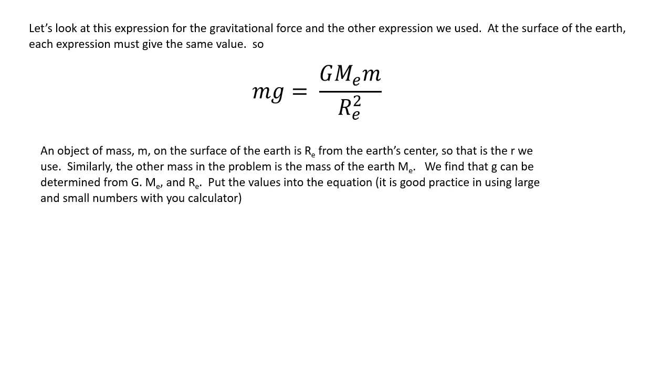So an object of mass m on the surface of the Earth is the radius of the Earth away from the center. So that's the r we're going to use. Similarly, the other mass, as I said, is the mass of the Earth. We find that g can be determined from big G, m sub e, and r sub e. Put the values into your calculator, noticing that the masses are going to cancel out, and you should be able to calculate the value of g.